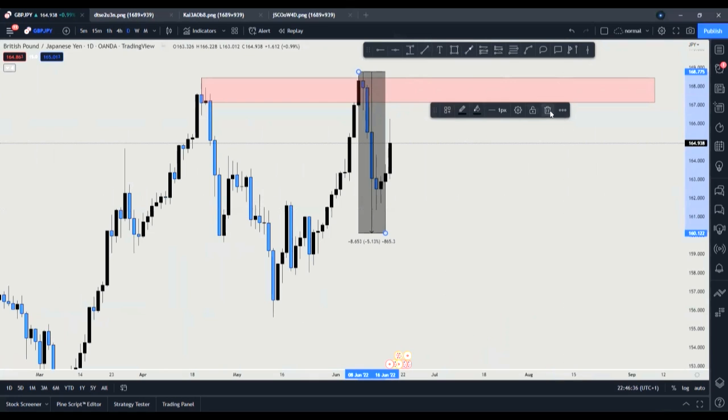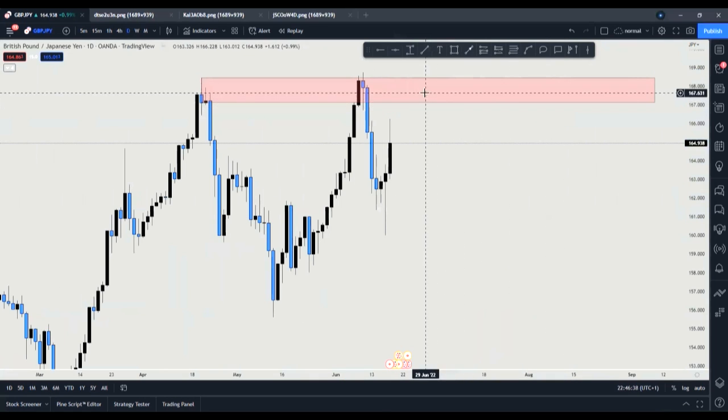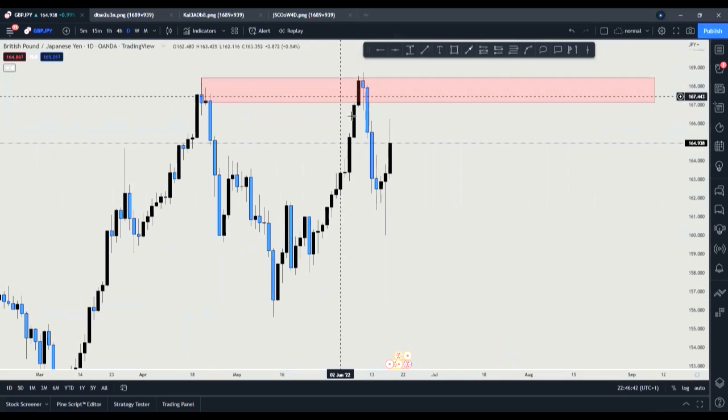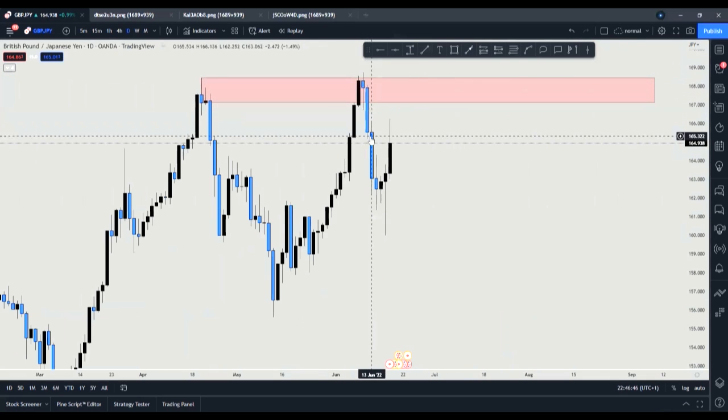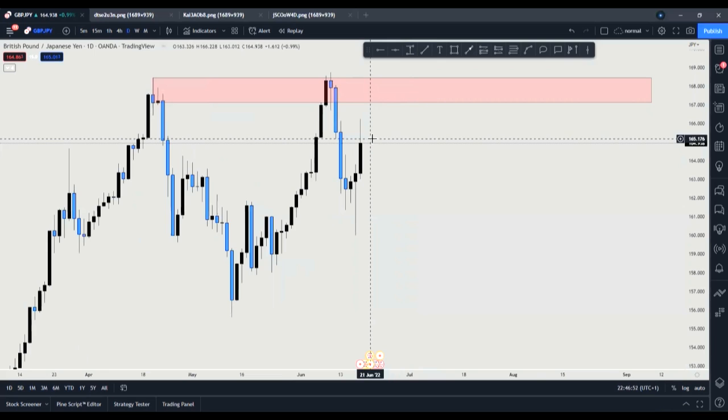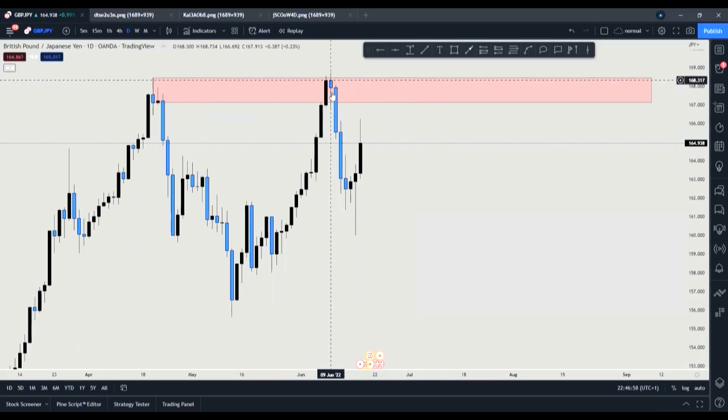If you don't get in at these ranges at the top, there are ways where you can still get into these daily candles and still get your piece out of the market. There's no need to hurry things.